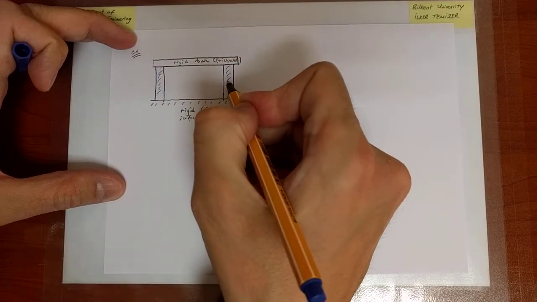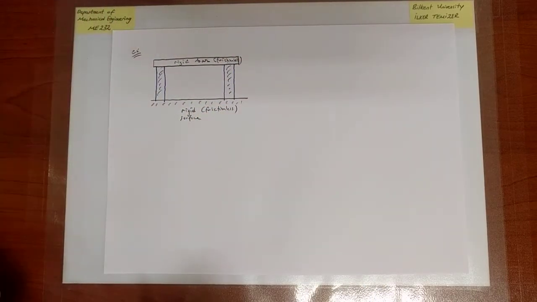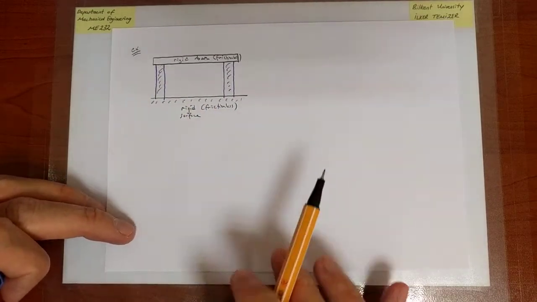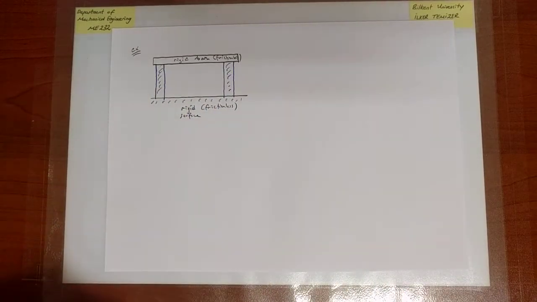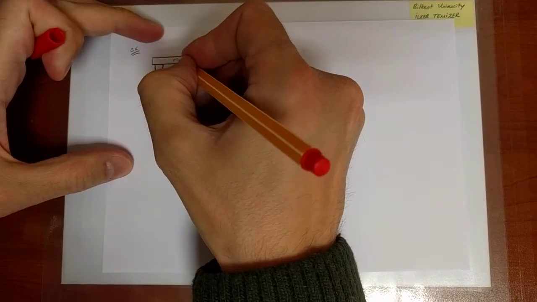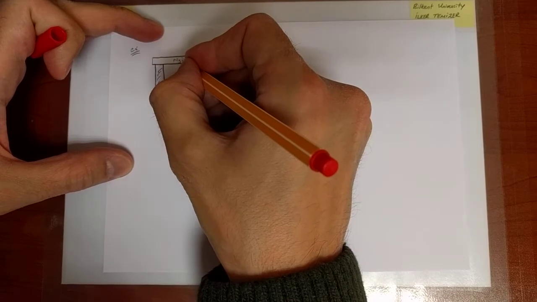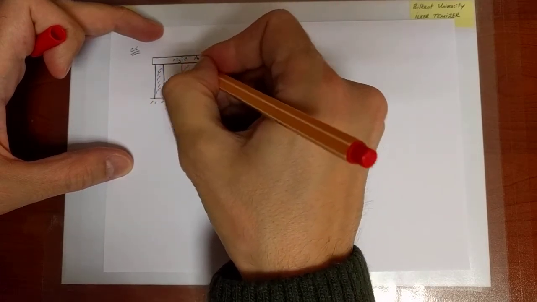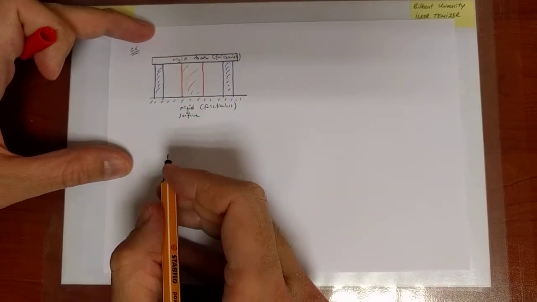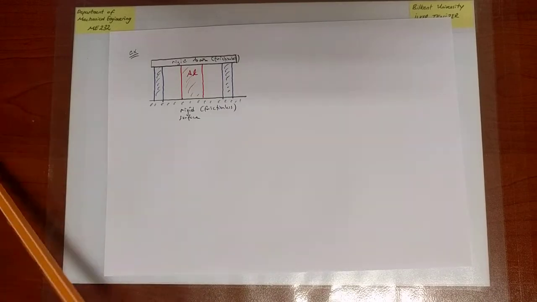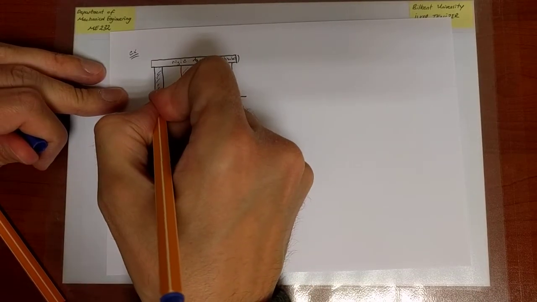So we have 2 cylindrical structures, solid cross sections, and yet another one in the middle. The one in the middle is aluminum, and the other 2 are steel.